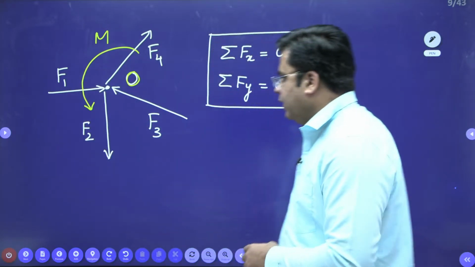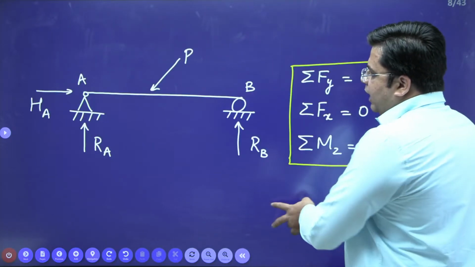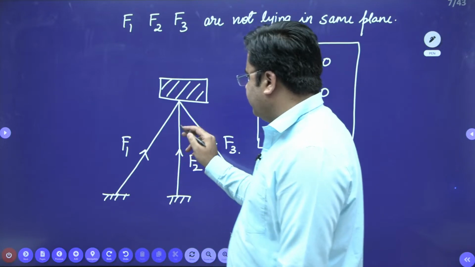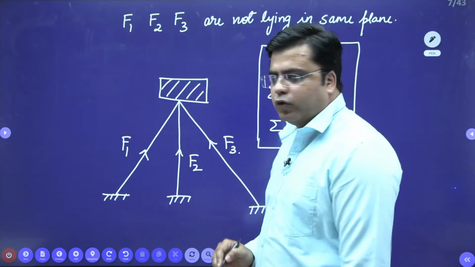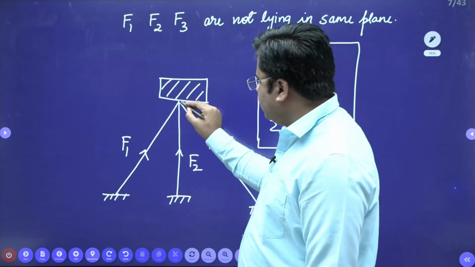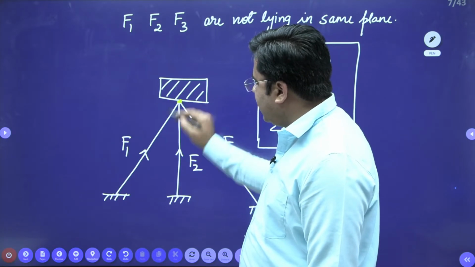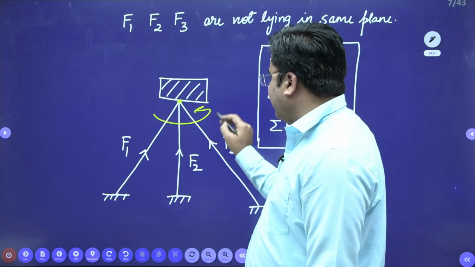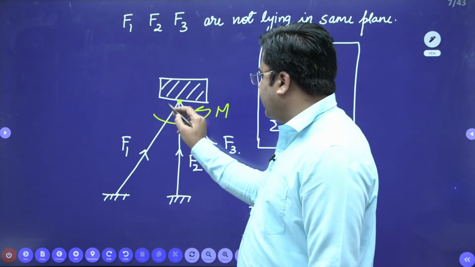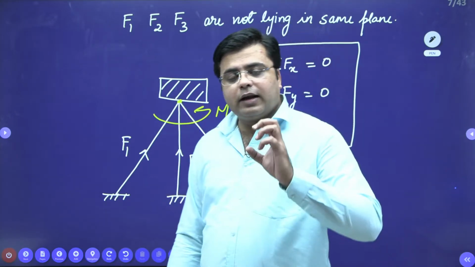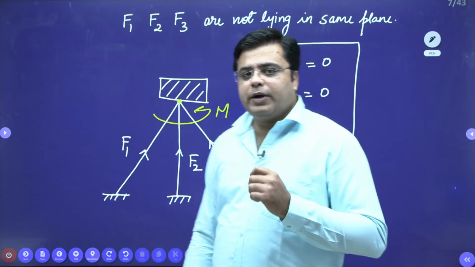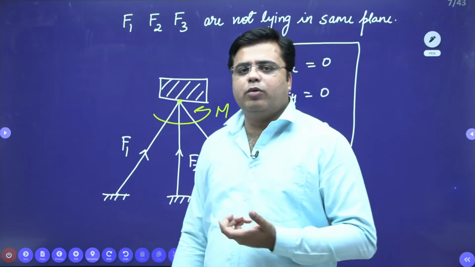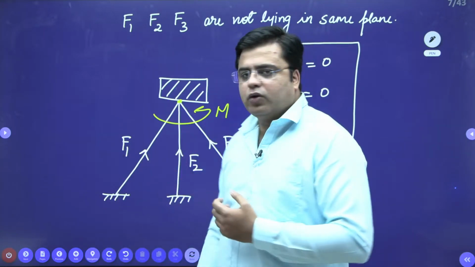One more thing, the same happens when you analyze this non-coplanar concurrent force system, okay? Here also all the forces are meeting at one point. So if you apply any moment about this point O, again there are no forces which can produce the resisting moment against this externally applied moment about this point of concurrency.